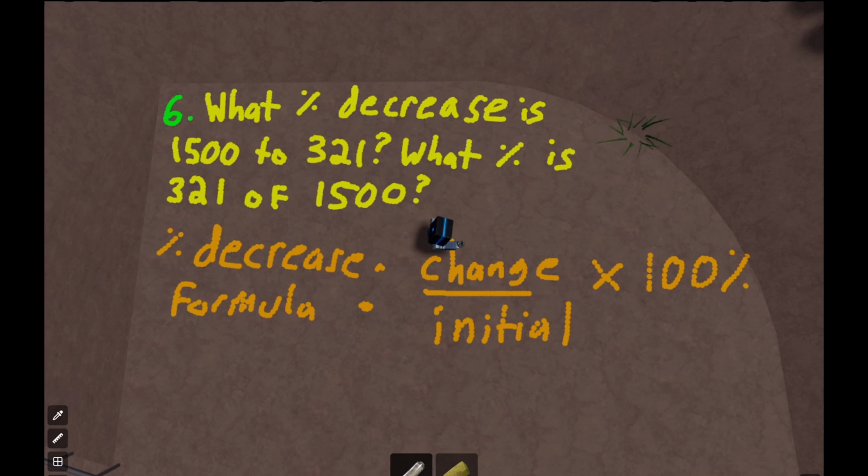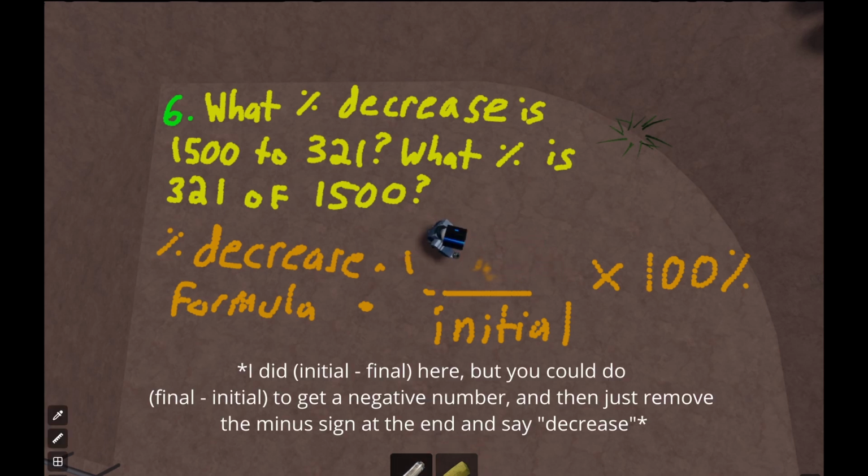So the change, to calculate that, that's just 1500 minus 321. That's the difference between those numbers. And then the initial number you started with was 321.